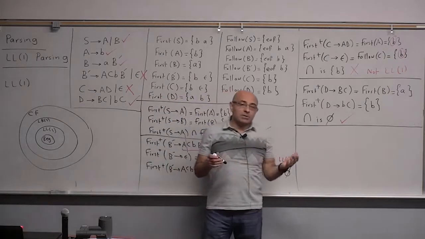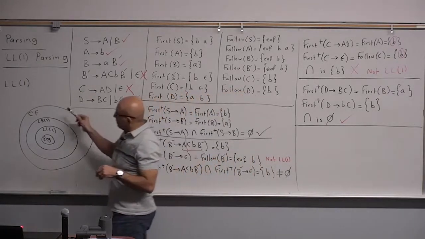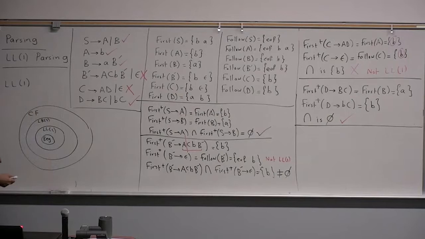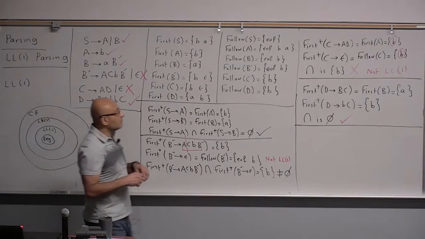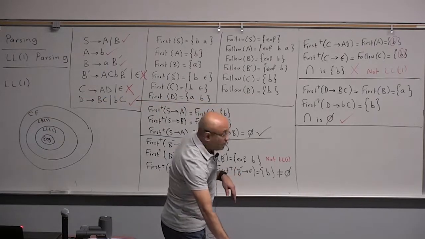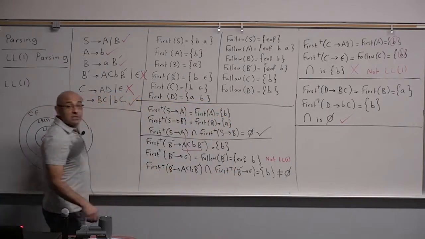So regular languages are much easier. But for context-free languages, a subset of them is recognizable by LL1, and a bigger subset is recognizable by LR1, which we haven't studied yet. And there are other parsing techniques. So any questions on this?